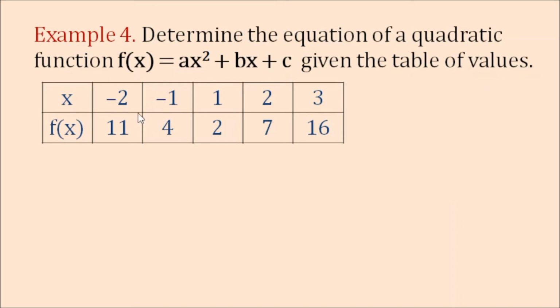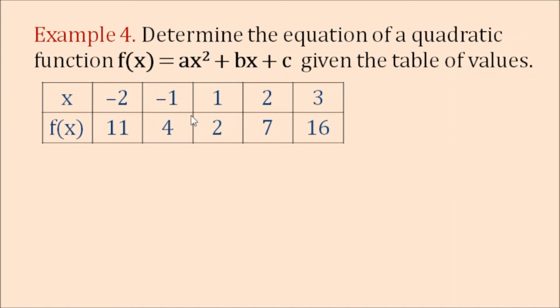The first point has coordinates negative 2 and 11. The second point, negative 1 and 4. The third point, 1 and 2. Fourth, 2 and 7. And the fifth, 3 and 16. So we can just choose any 3.